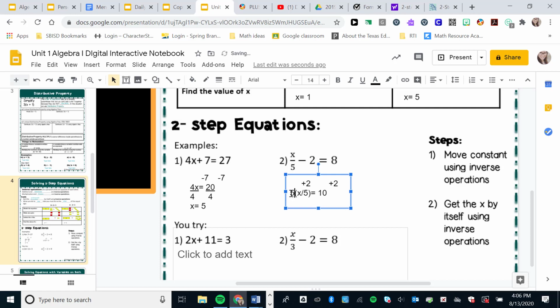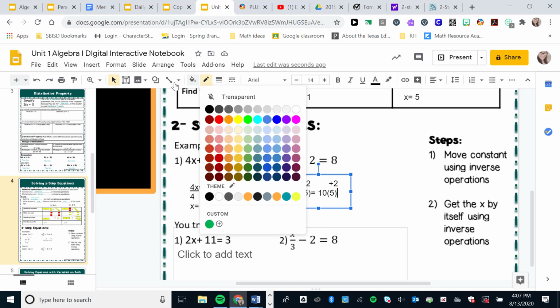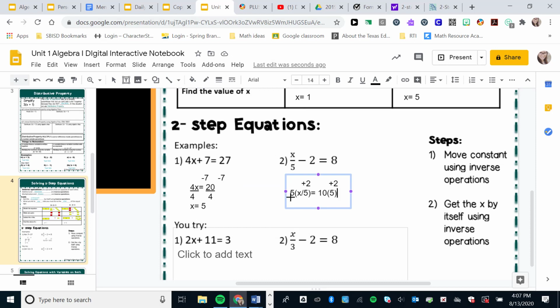So on this side I multiply by 5, and then on this side I multiply by 5. So remember, when we have parentheses like that, that means multiplication. So what happens to this number? What happens on this side is that it ends up just canceling out. So it goes away. And we are left with x equals 10 divided by 5, which is 2.